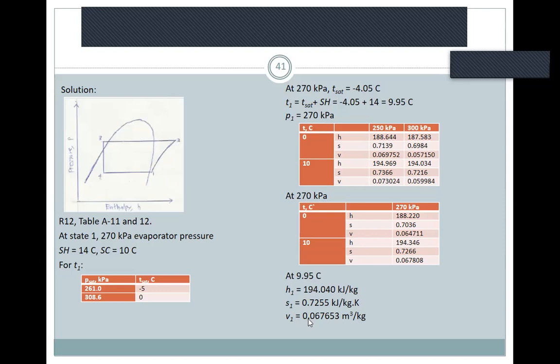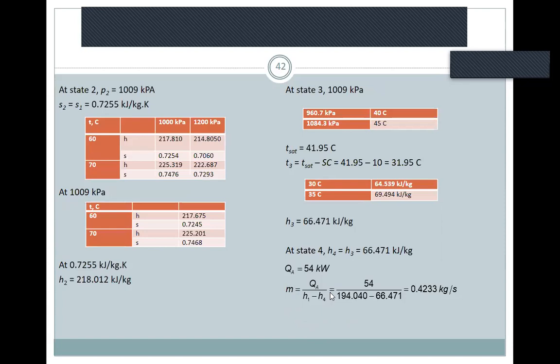V1 is 0.067653, anim yan na anim, cubic meter per kilogram. At P2, 1,009 kilopascal. S2 is equal to S1 or 0.7255.